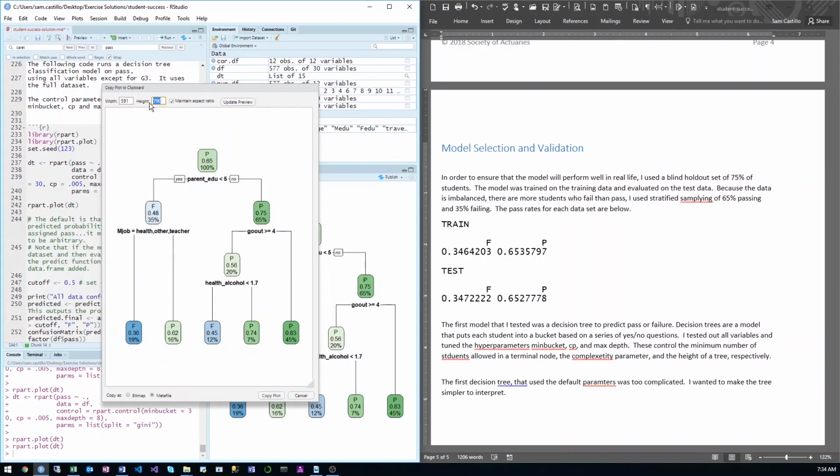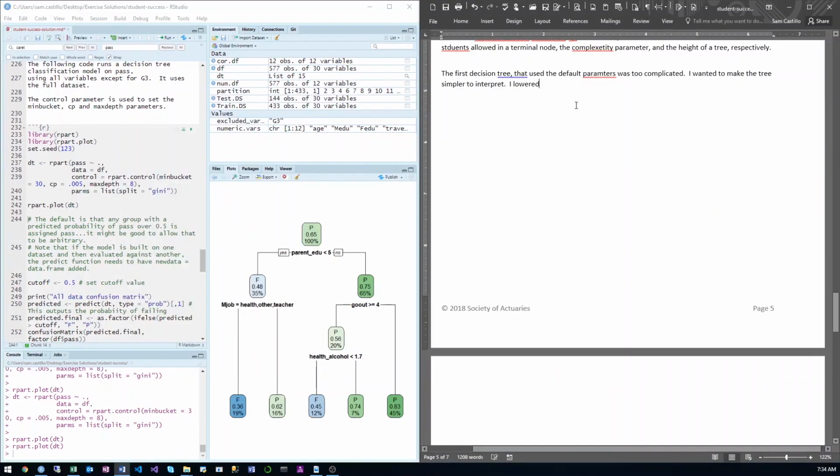Let's make this a little bit smaller. Oh well. I lowered the max depth of the tree to 8, increased the complexity, where a higher value means that complexity is more penalized, and increased the min obs per node to 30, which is the minimum number of patients allowed in a terminal.